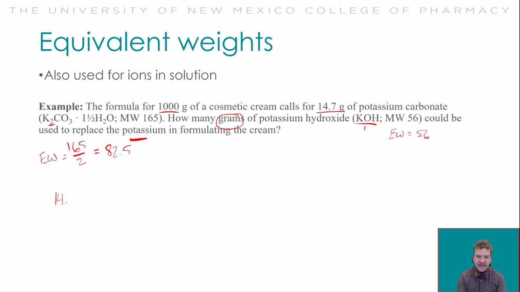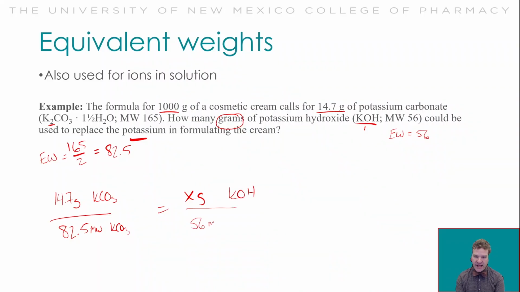And now we set this up just like an active moiety equation. If we want 14.7 grams of K2CO3, and we know the equivalent weight is 82.5, and it's a molecular weight still, of K2CO3 equals X grams of KOH if the molecular weight equivalent is 56 for KOH.